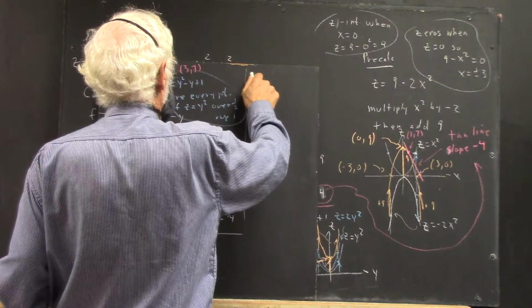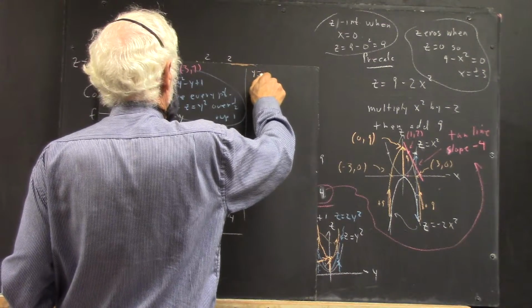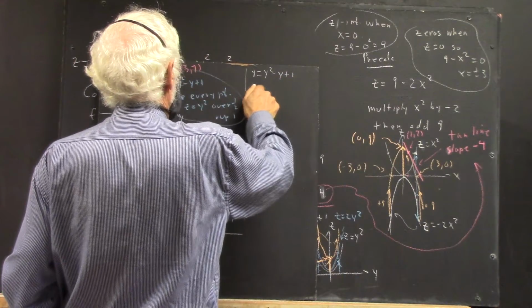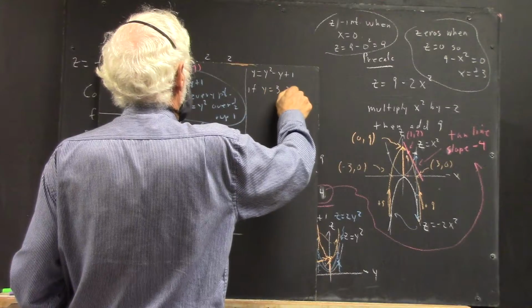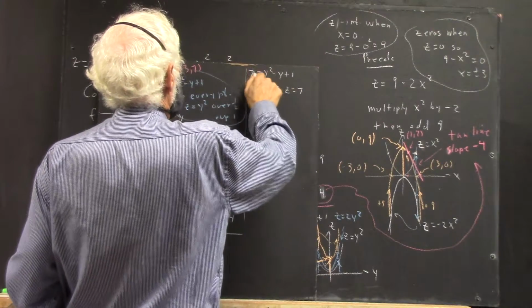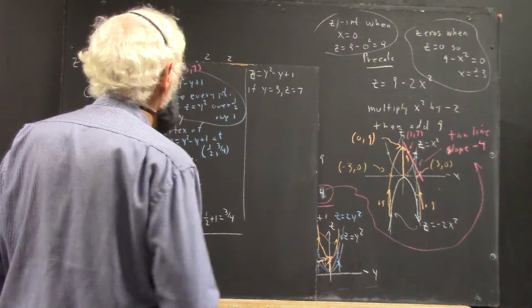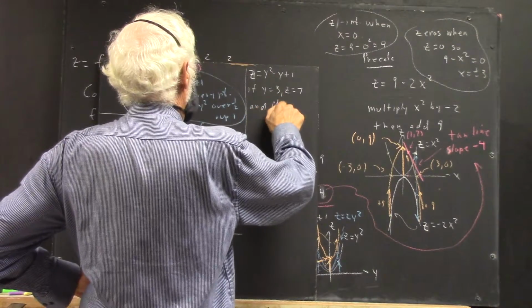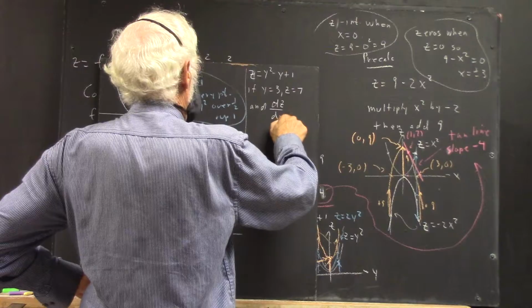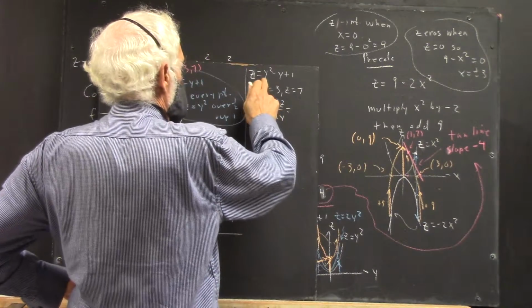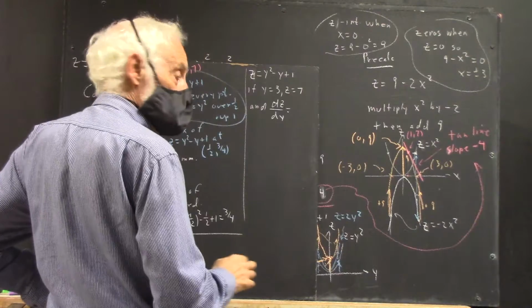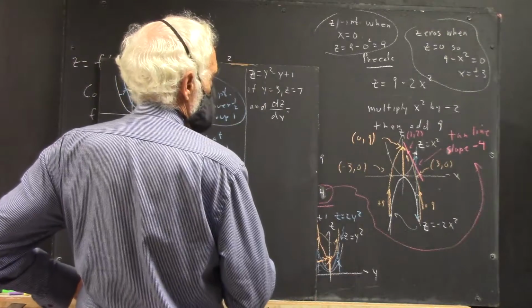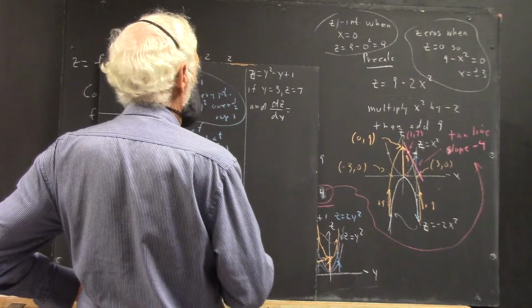Okay, well, again, z equals y squared minus y plus 1. If y is 3, z is 7. dz/dy is 2y minus 1, okay? Which is, I think I'm getting 7, no, 5.